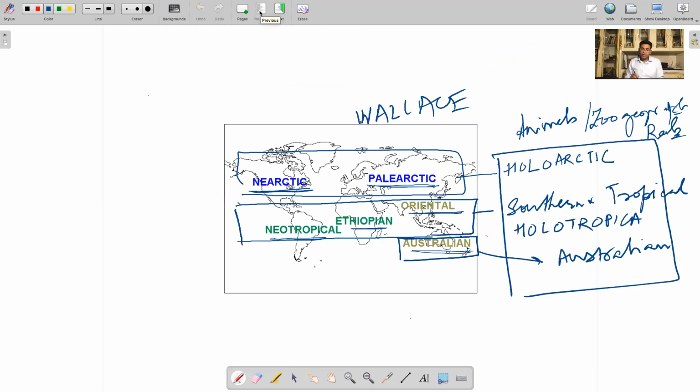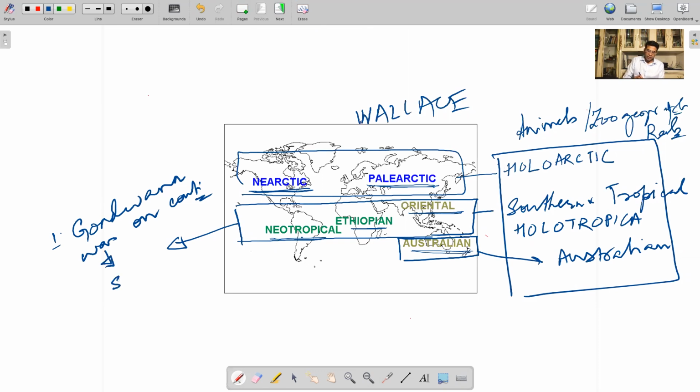Number one, the southern Gondwana was one continent. So there is a lot of similarity between the South American and Ethiopian. The consequence of this is that South American and Ethiopian have a lot of similarities. That's one concept.